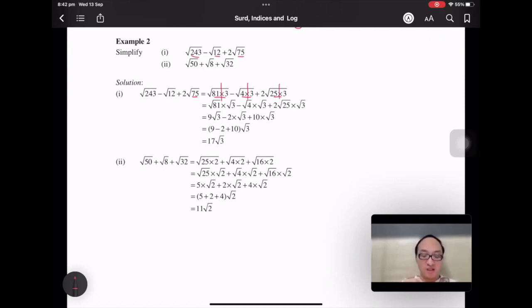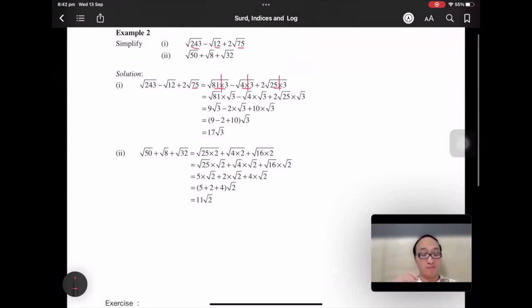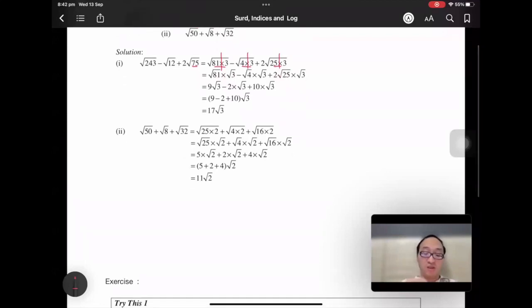So it's root of 81 times root 3 minus root 4 times root 3 plus 2 root 25 times root 3. Then the square root of the square number 81 is just 9, root of 4 is 2, and root of 25 is 5.